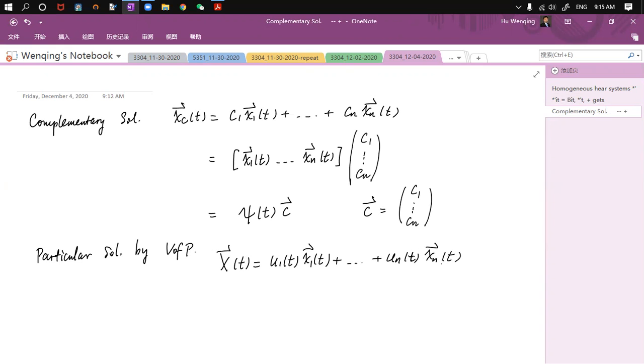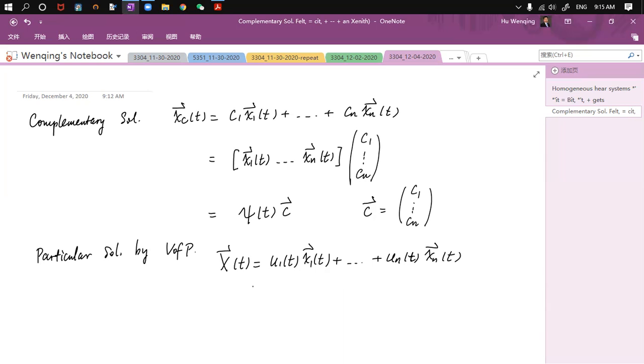That is the variation of parameters: you vary the constants c1 up to cn into the functions u1 up to un. Is that good for everybody? Okay, so that's what we call variation of parameters.